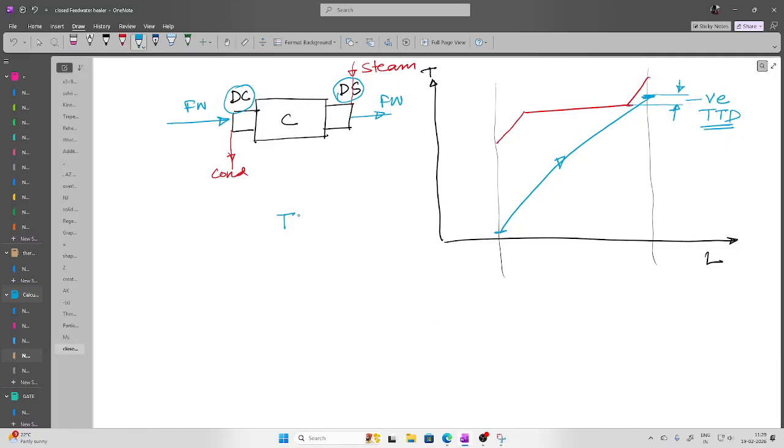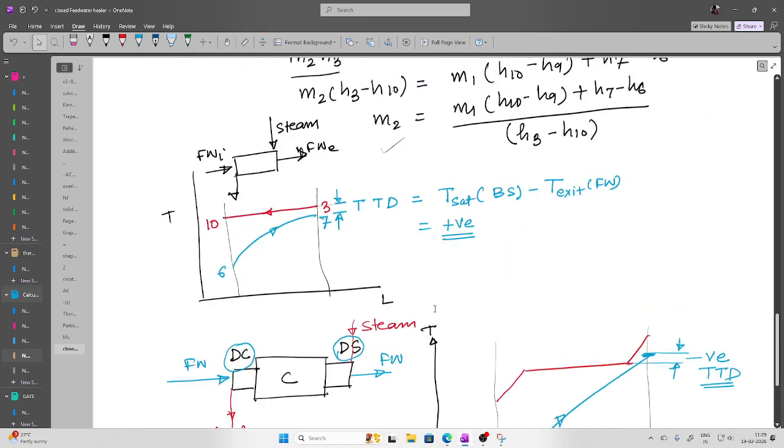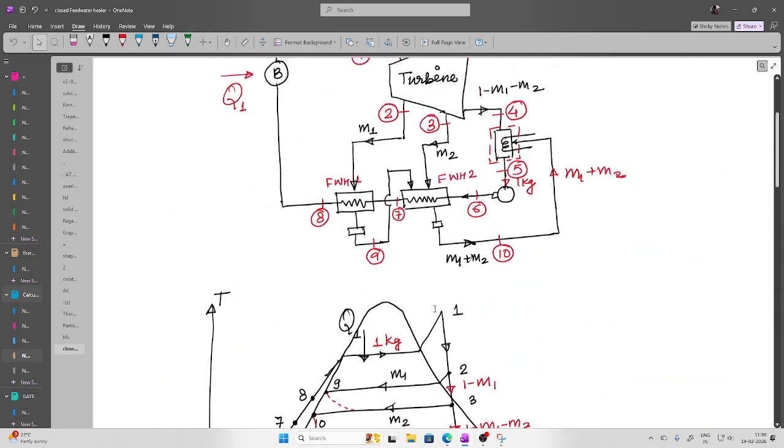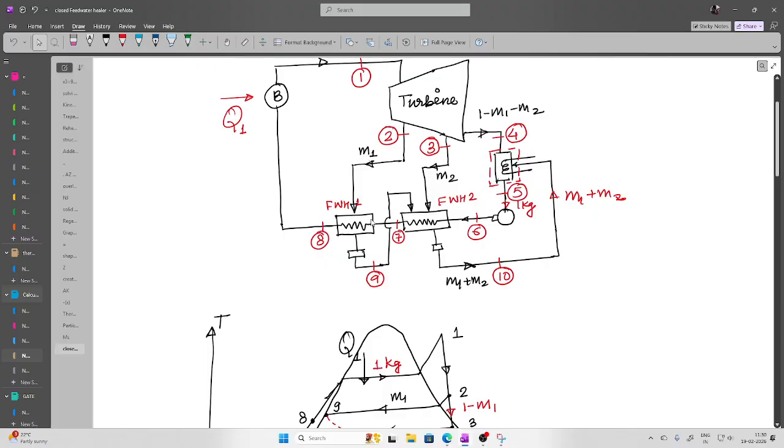And that is the reason, because of the presence of this terminal temperature difference, meaning the difference between the exit water temperature and the saturation temperature, the total energy which you were expecting the water should take away from the steam will not be taken, and hence they are slightly less efficient in comparison to direct contact.